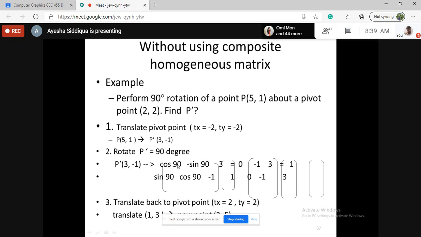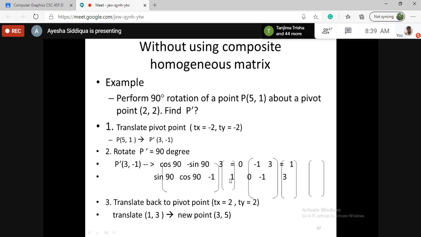In the formula, we know cos 90 degree, minus sin 90 degree, then sin 90 degree, cos 90 degree. After calculating the value for 90 degree, you need to take it back to the previous pivot point, so again you add the pivot point. Along with the value you have got, that is 1, 3, you add the pivot point: 2 plus 1, 3 plus 2, 5, and you get the result.